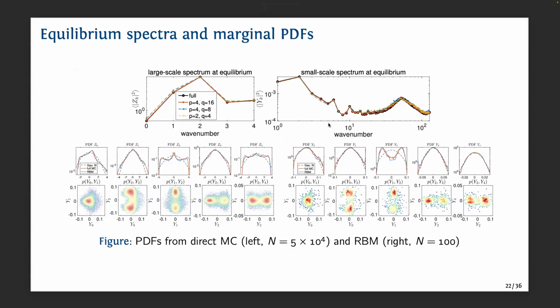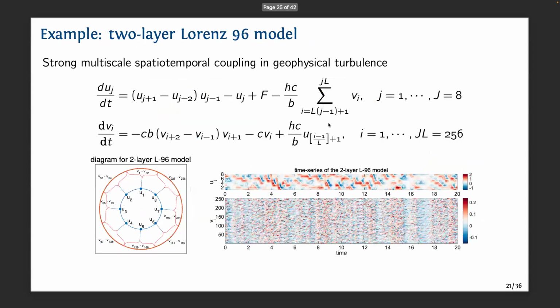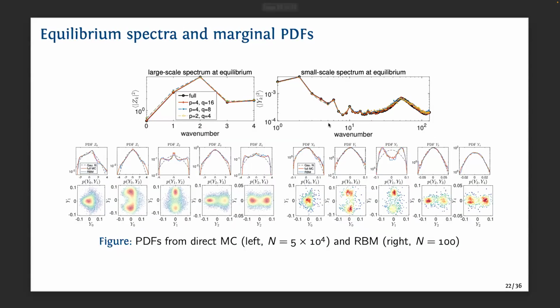So we do the random batch decomposition in the larger and smaller scales. The original dimension is 8 in the larger scale, and 256 in the smaller scale. In the reduced order model, we choose a batch size 4.